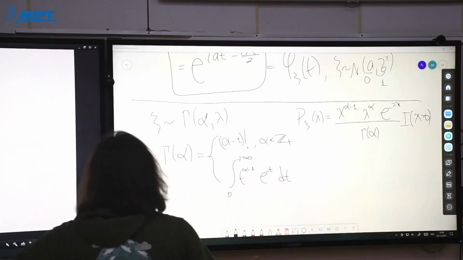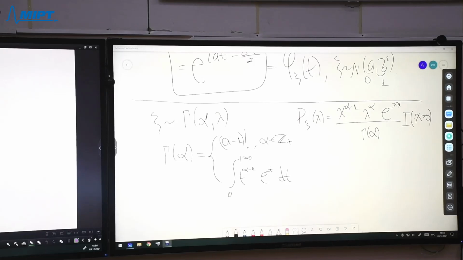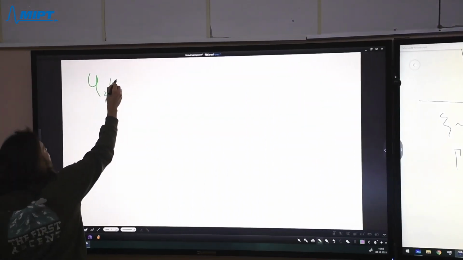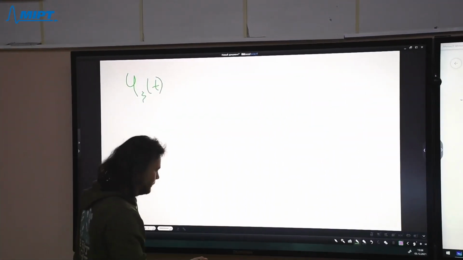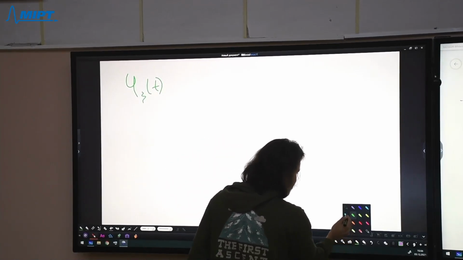What do we need to do to find the characteristic function of Psi? Well, everything is just by definition, right?